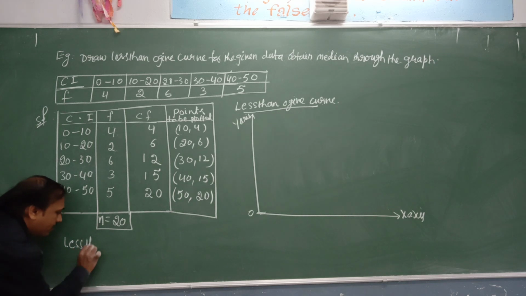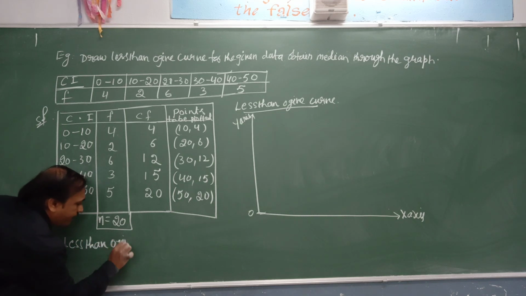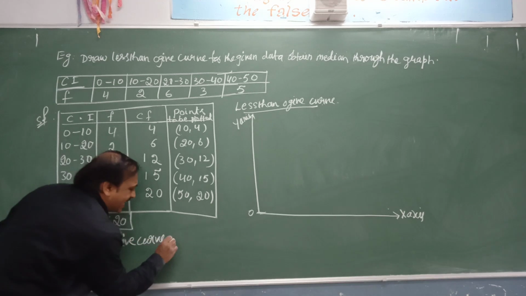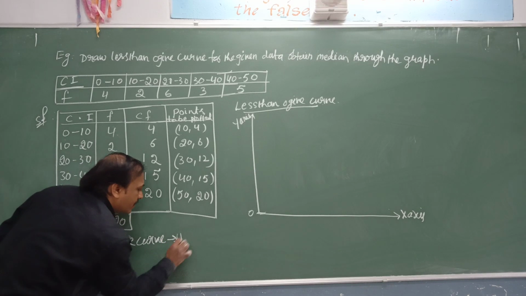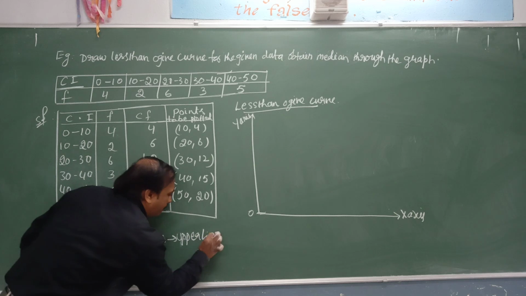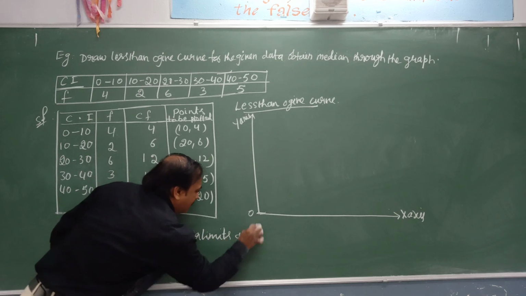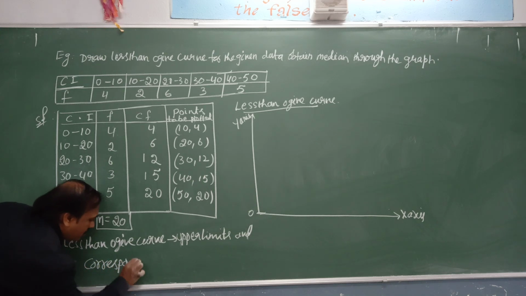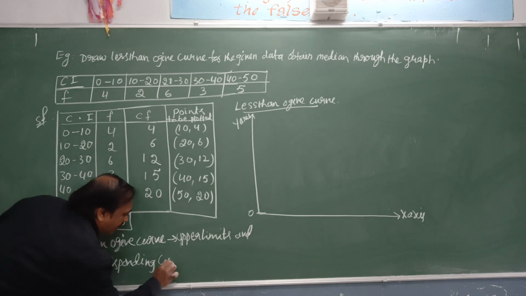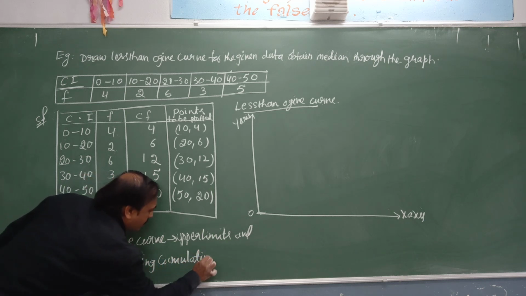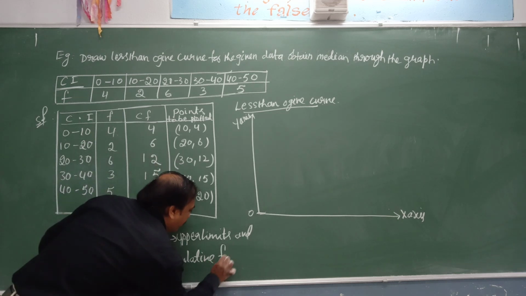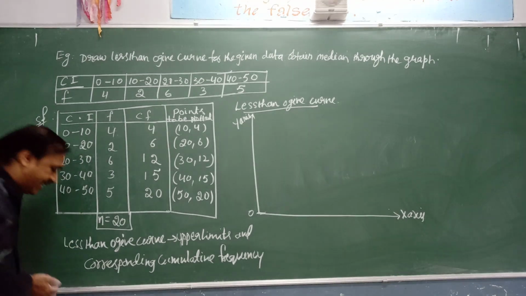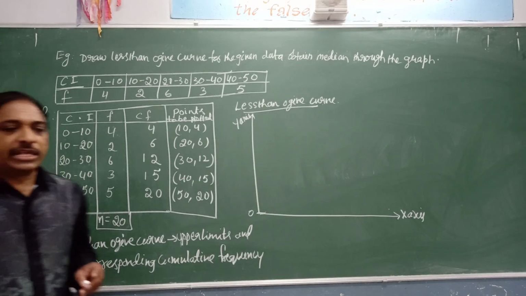Less than Ogive curve means we take upper limits and the corresponding cumulative frequency.